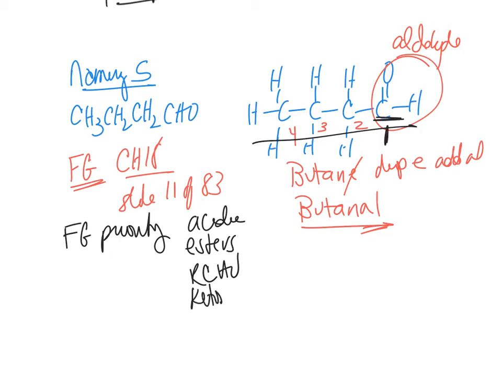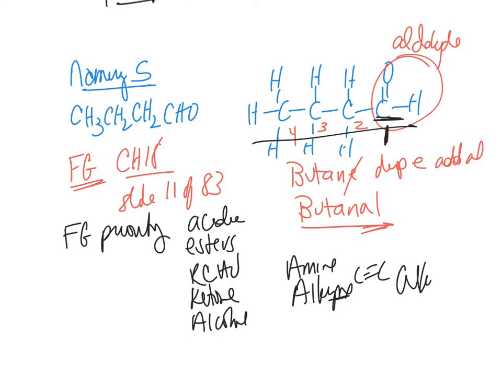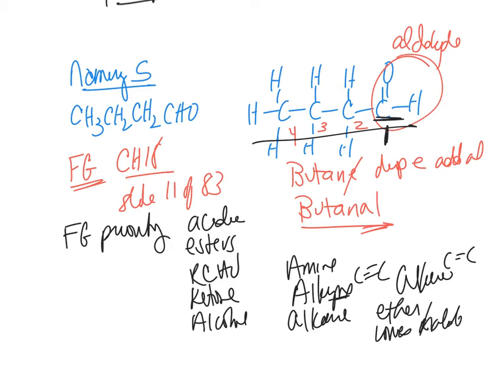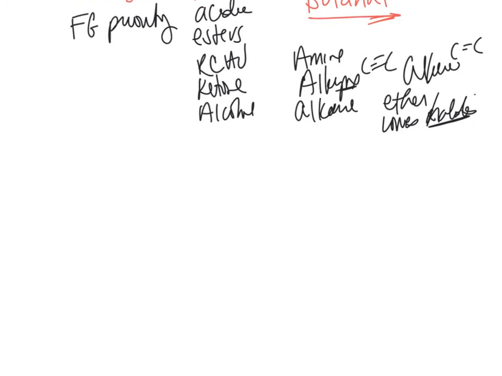Then ketones, then alcohols, and then you have an amine. You have alkyne, a carbon-carbon triple bond, and an alkene, a carbon-carbon double bond, and then you have alkanes. Below alkenes are ethers, and the lowest is the halides. Halides are just like substituents when you do naming.